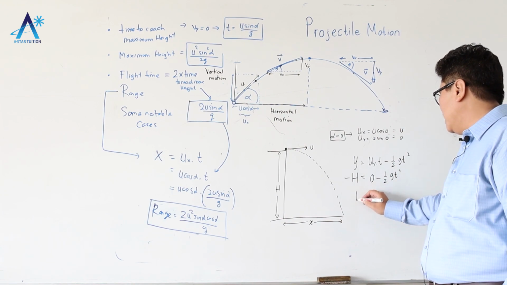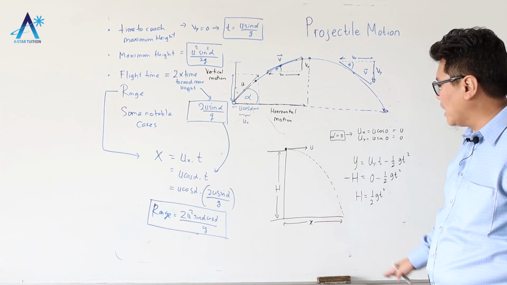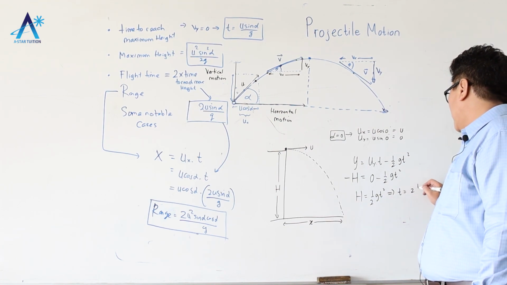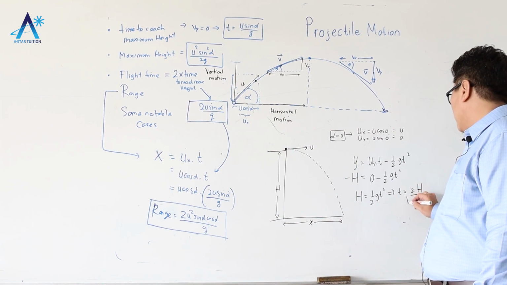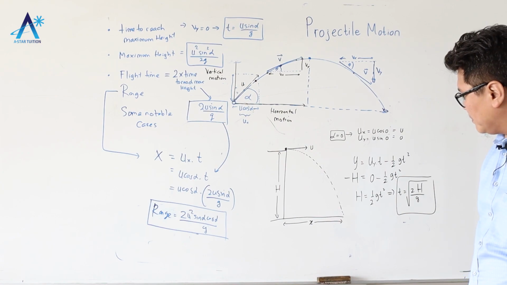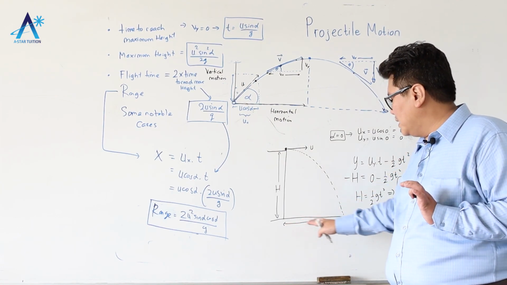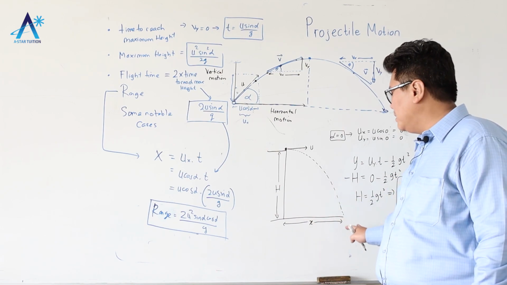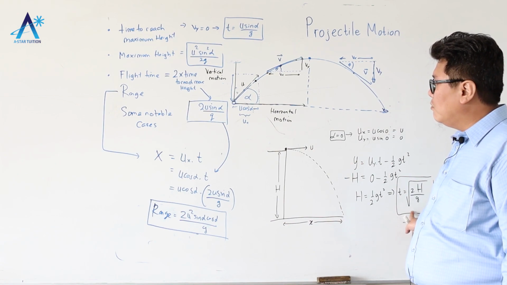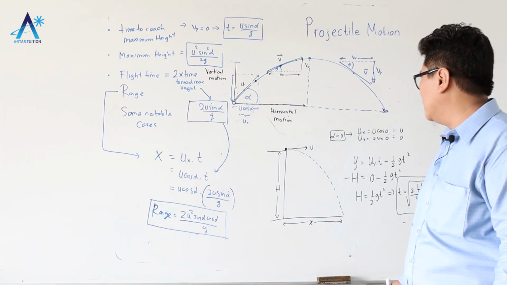Now from here, you can solve to find the time to reach the ground. The time to reach the ground is simply the square root of 2h over g. Once you find this time, then horizontally we can find the displacement by substituting this t value into the equation for the horizontal displacement.